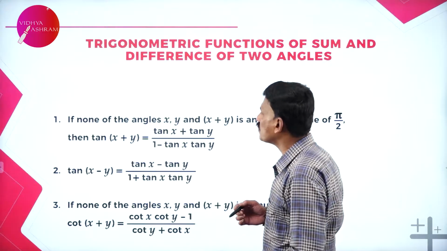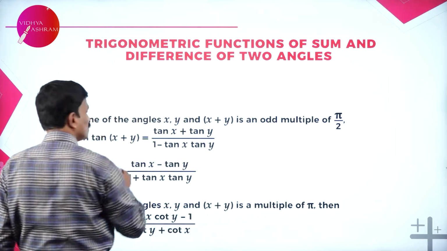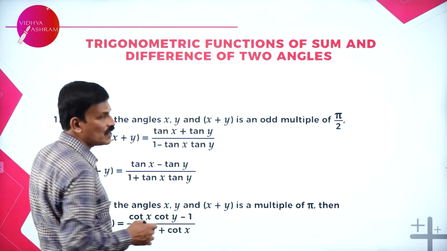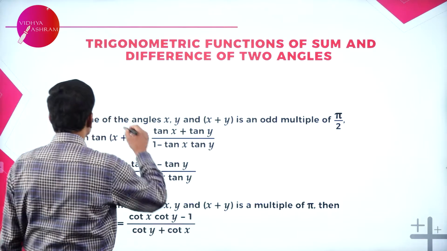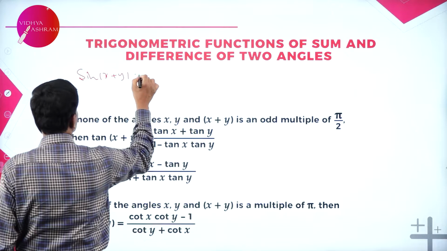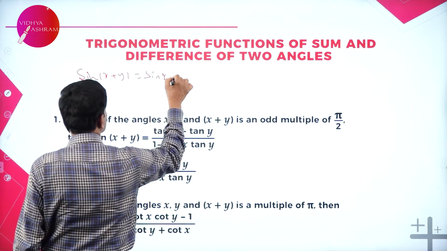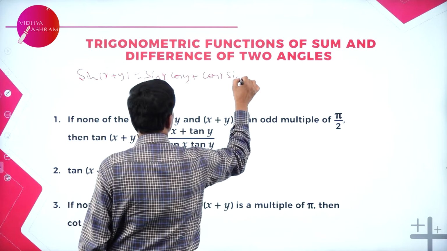Now let us come to the first one. In the previous class we have discussed the trigonometrical functions of sum and difference of two angles. So that is sin x plus y. We know sin x plus y is equal to sin x cos y plus cos x sin y, right?